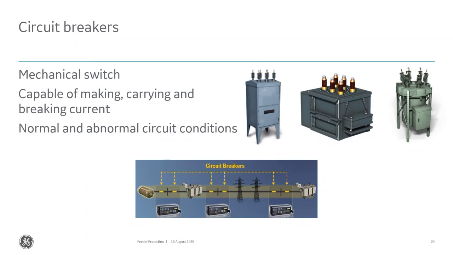There might be an auxiliary relay before it hits the circuit breaker. For example, if I have a bus differential relay which needs to trip multiple circuit breakers to isolate that bus fault, the relay might go to the trip coil of an auxiliary relay, which then has multiple contacts to trip all of the circuit breakers.